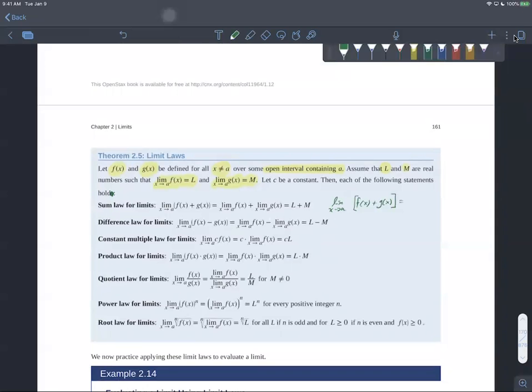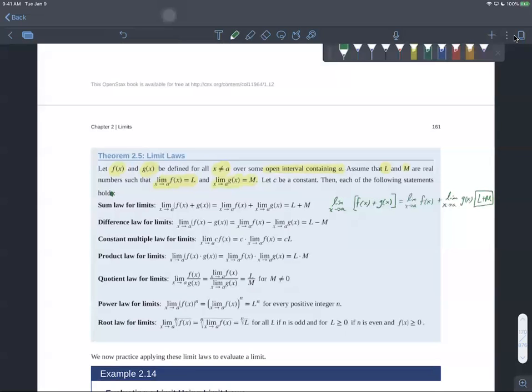It makes sense that it should be just the limit as x approaches a of the first function plus the limit as x approaches a of the second function. If these two limits exist, we said that the first one was L, the second one was M, so we would just add those two limits.